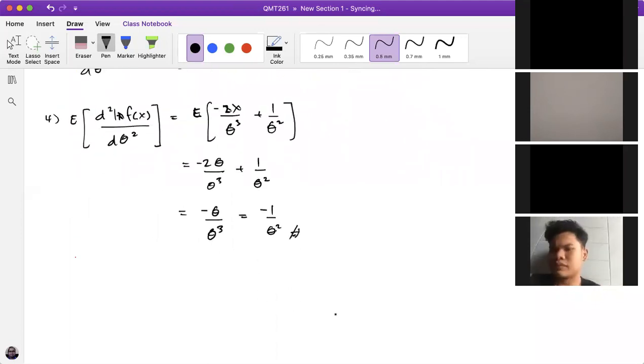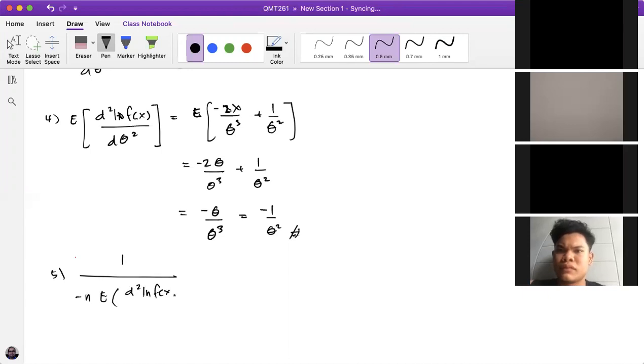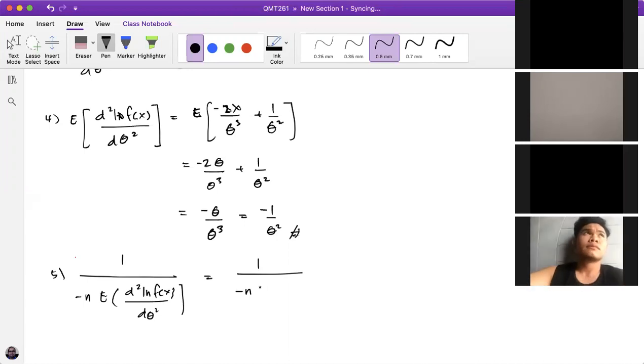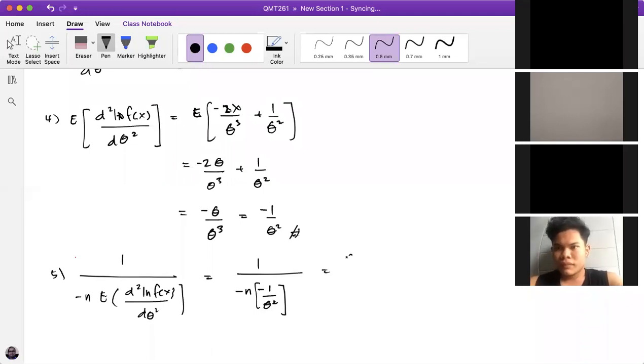The next step is step number 5. We use the complete formula: 1 over negative n times the expected value of d squared ln f(x) with respect to d theta squared. So it becomes 1 over negative n multiplied by negative 1 over theta squared, which is theta squared over n.